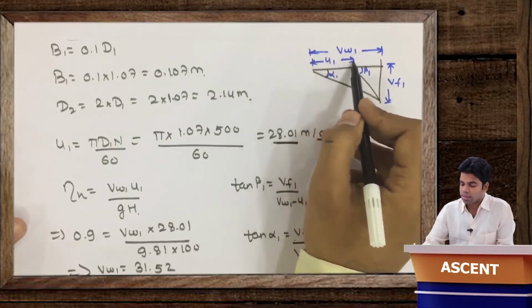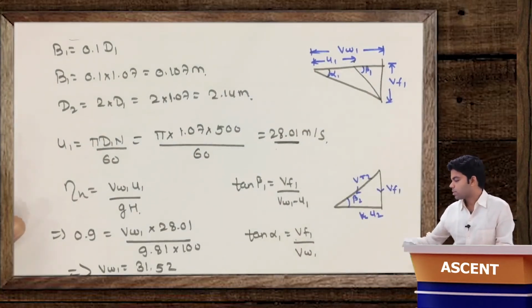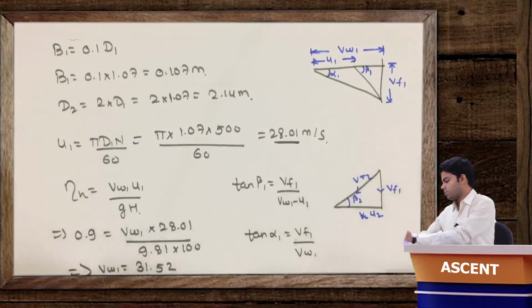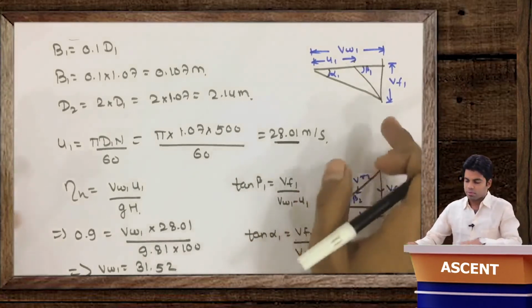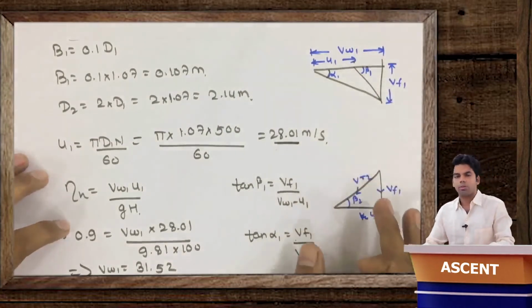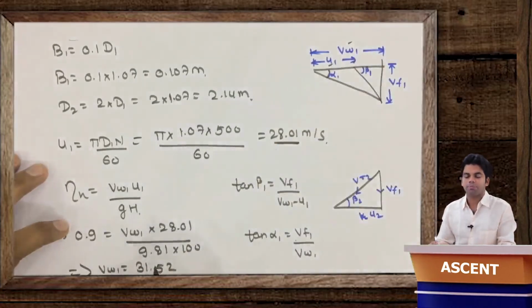If u1 is less than vw1, then you will have a velocity triangle like this, and if u1 is greater than vw1, then you will have a different velocity triangle, as I have told you. I am not finding it. Whatever, the one in which the value of β1 is greater than 90 degrees.